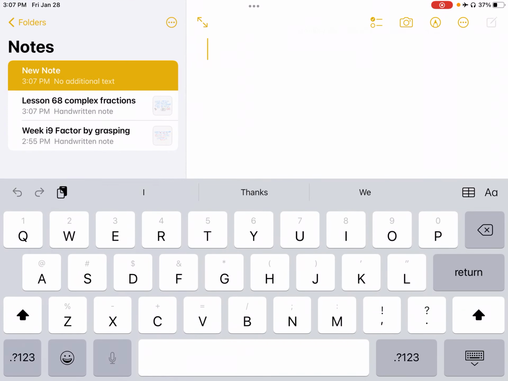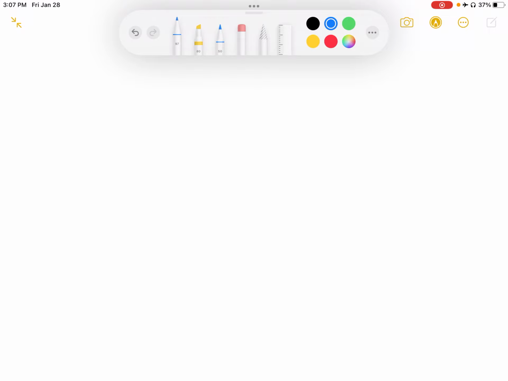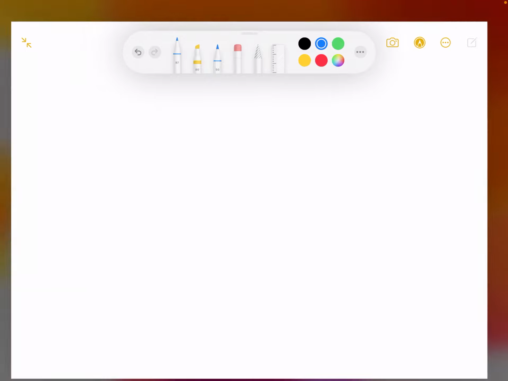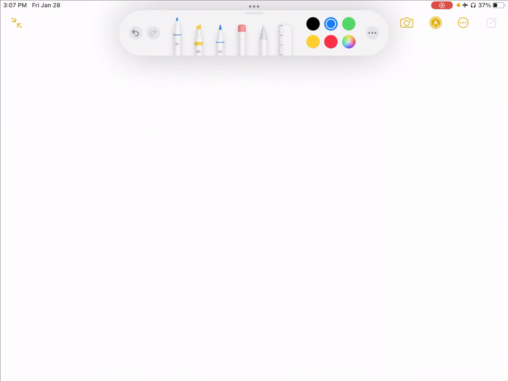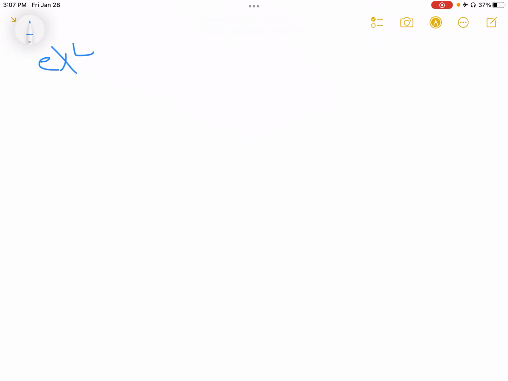Okay, so for this example, I'm going to use our color palette again, starting with blue. For example 4, it's very similar.